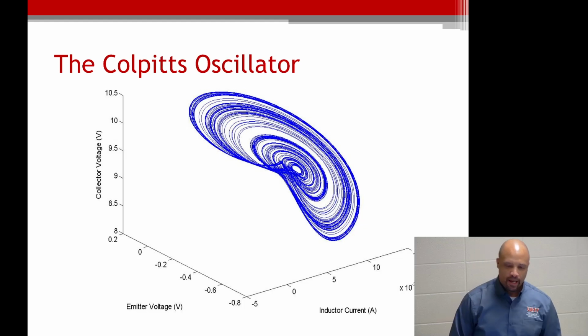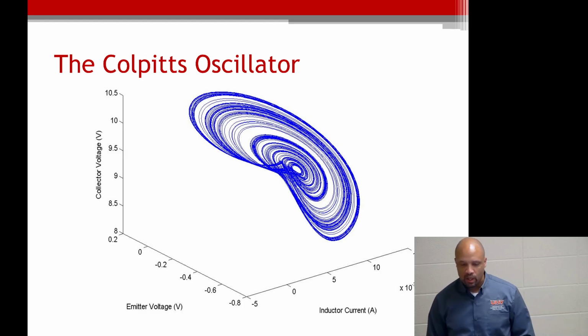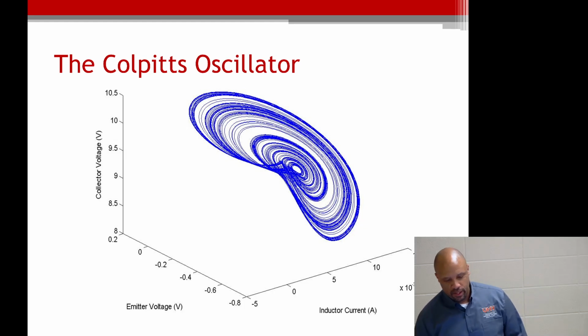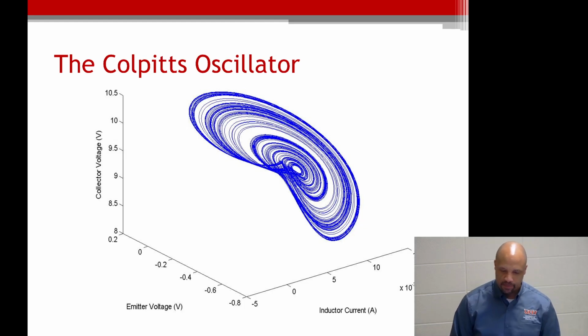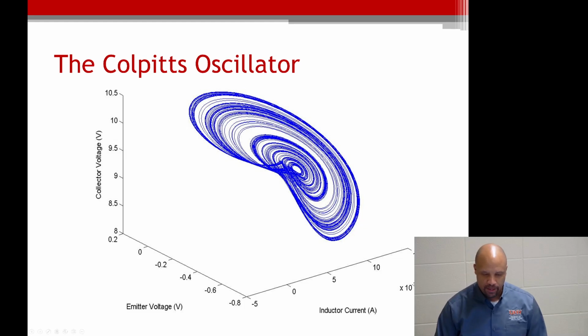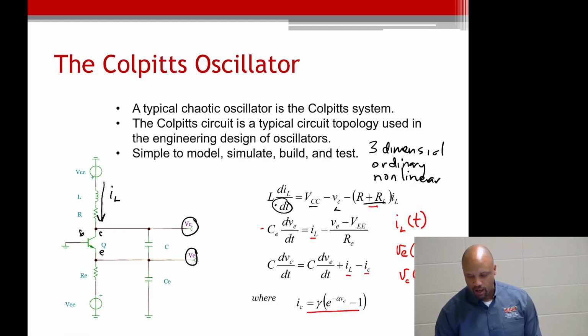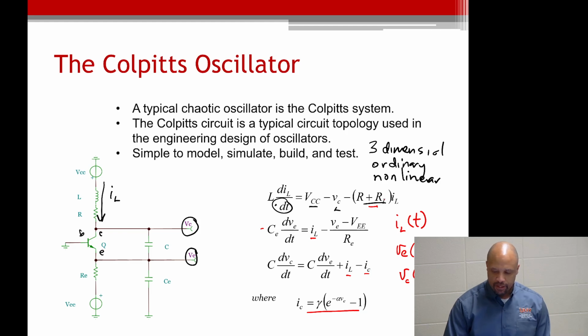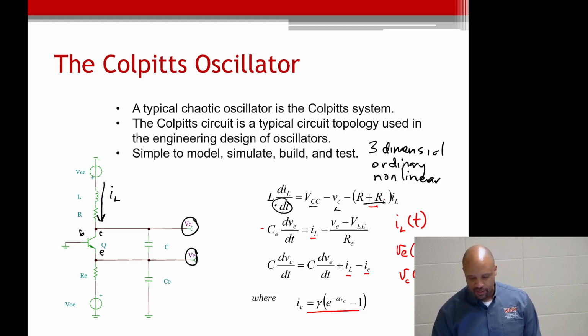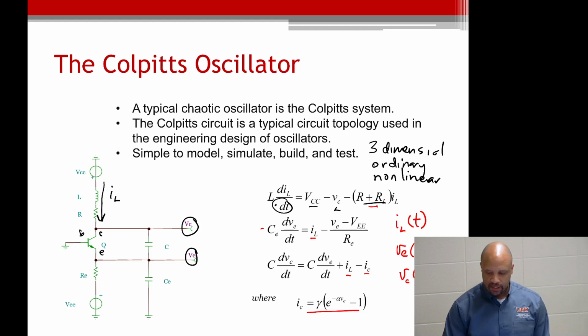All right, so as we also said, when you start to solve this, you can get something that looks like this, dependent upon the values of the parameters. And those parameters are things like R, RL, VEE, RE, C, CE, so on and so forth.